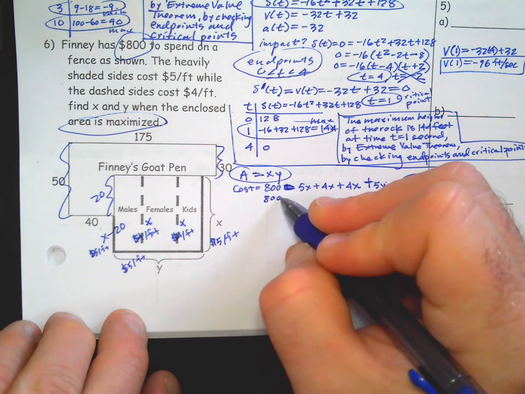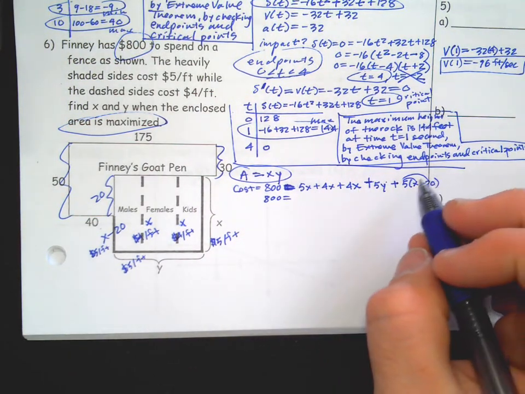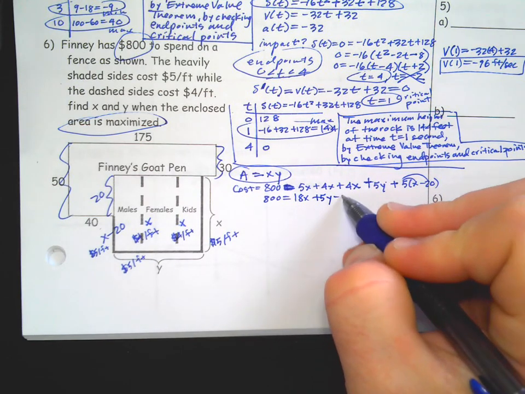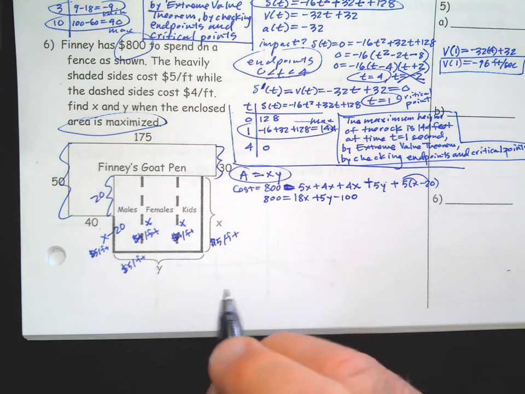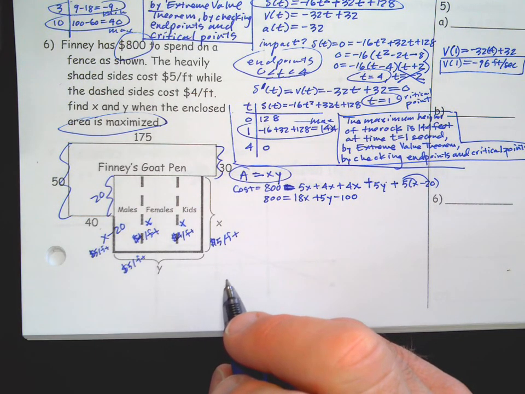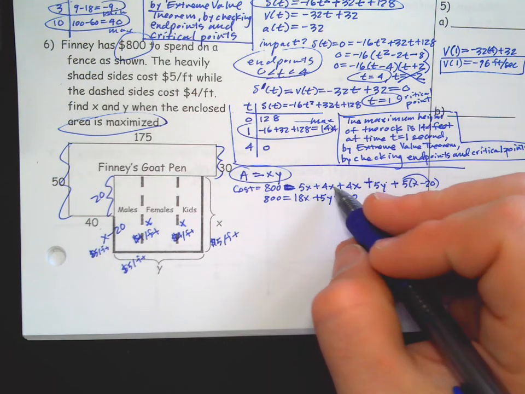So 800 equals, we have 18 x's, 5 y's minus 100. We need to solve for x or y. It's up to you. I think both of them are going to give us fractions, so I'm going to go ahead and solve for y.